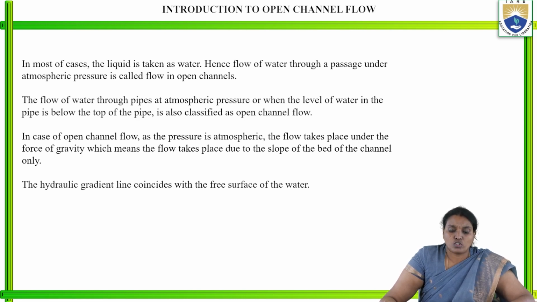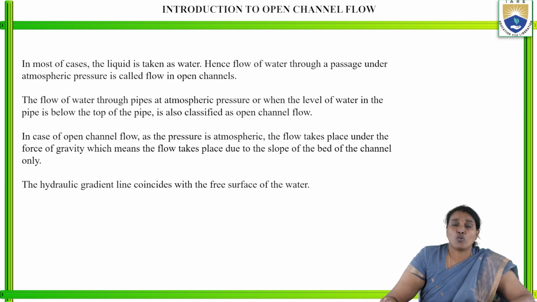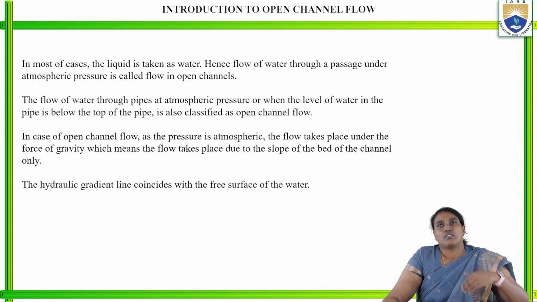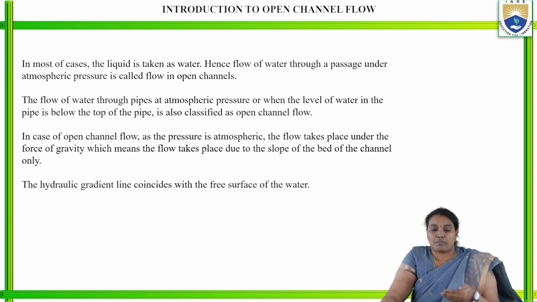Coming to the flow of water through pipes at atmospheric pressure: a pipe is a closed circuit, but even so the flow is classified as open channel flow. Why?